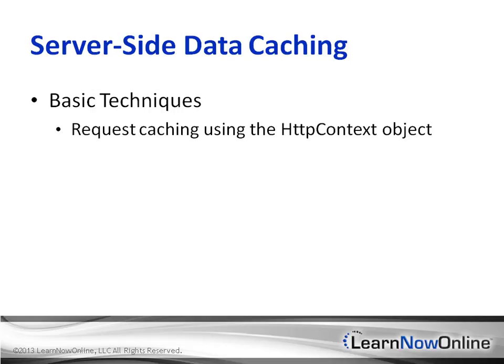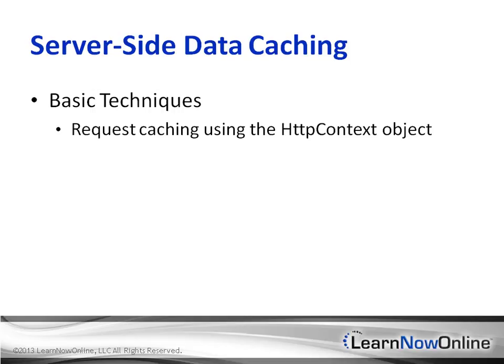And that's just a dictionary object that exists during the lifetime of the request. So you can read from and write to that object during the request. So this is a great place to store data that's relevant only during the current request. And what it does is it fosters loose coupling between the components. So it's essentially a notepad where you can persist data during the course of a single request.